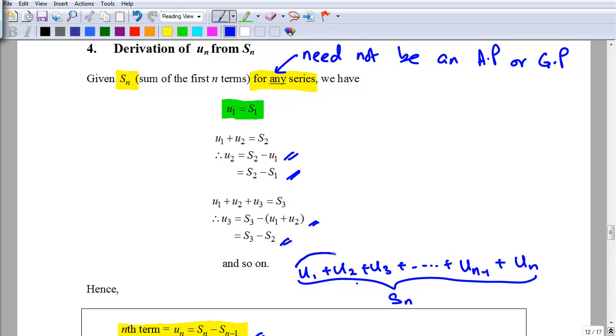If I add everything from the first term up to the n minus 1 term, we call it S of n minus 1. Therefore, isn't it clear that if I want the nth term Un, then it has to be Sn minus S of n minus 1?